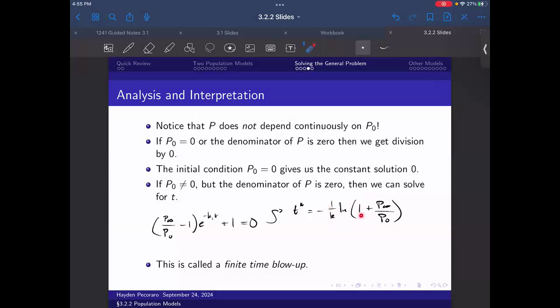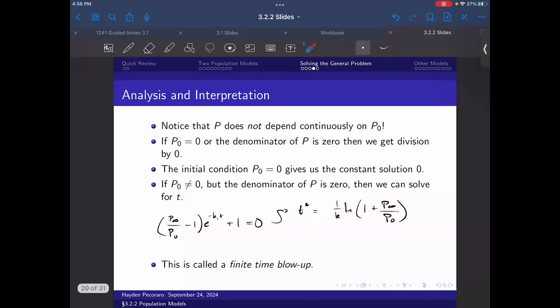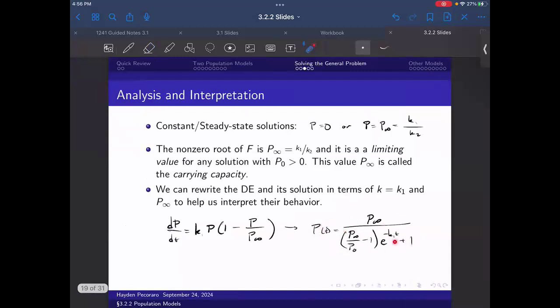And you get a number that is not infinity, right? If P infinity is a number, P0 is not 0, K is something determined from experiment. This gives us an actual number. This is a point where we got division by 0 in our solution for P here.